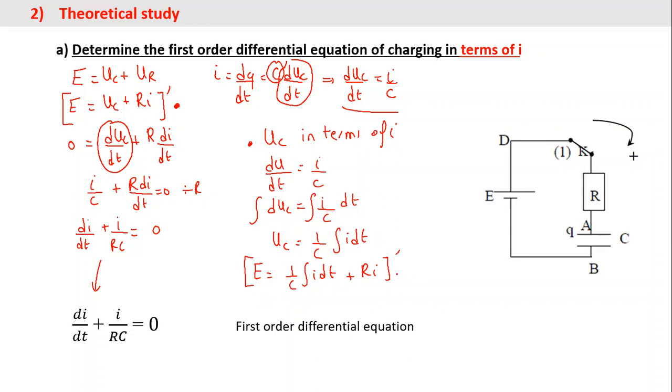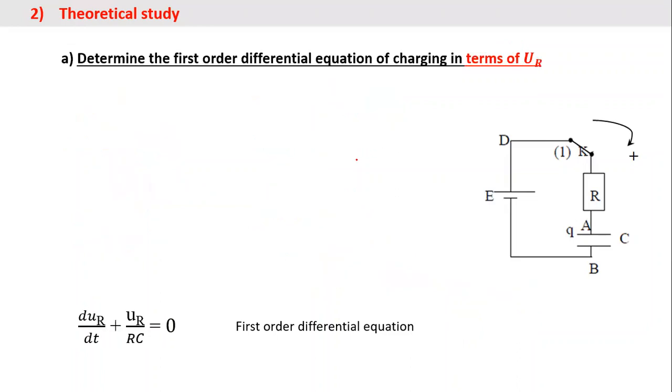So we'll have 0 equal I over C plus R di by dt. The same equation, so we can divide by R and get di by dt plus I over RC equal to 0. This is another way if they ask us to find UC in terms of I first.